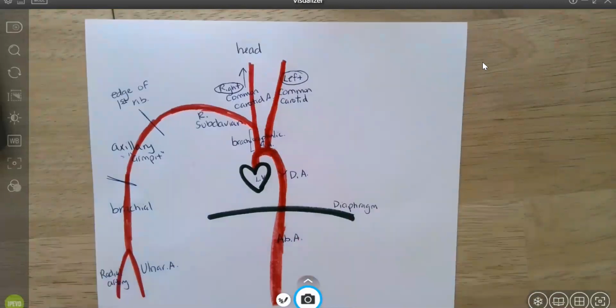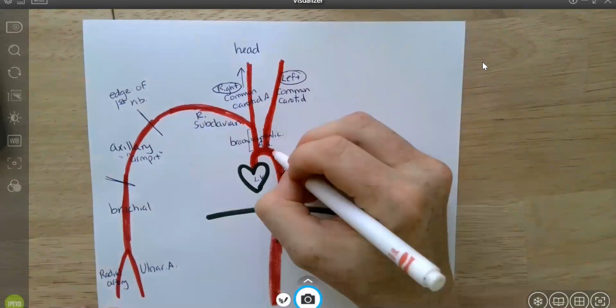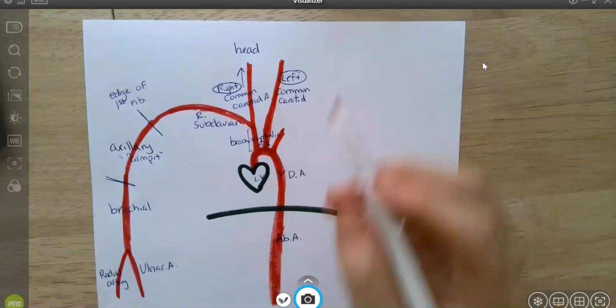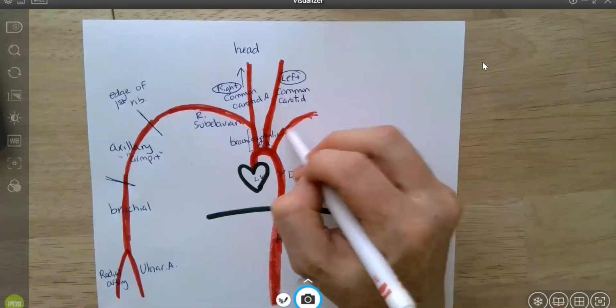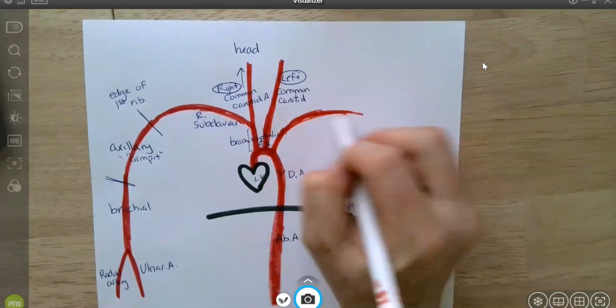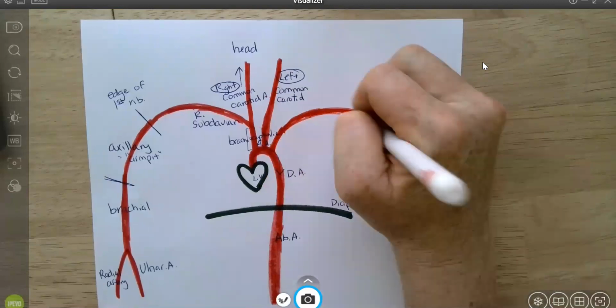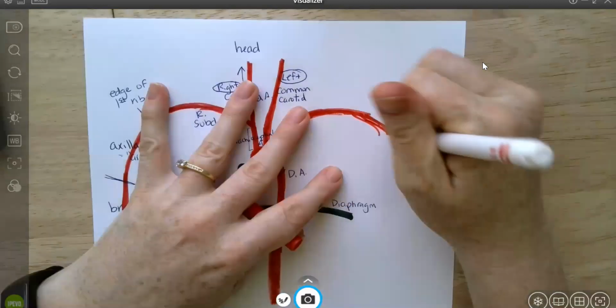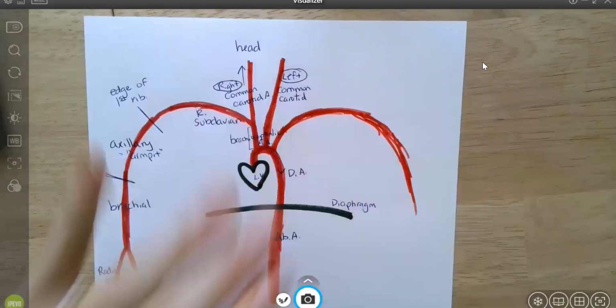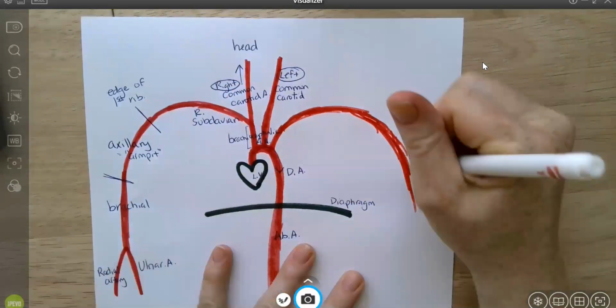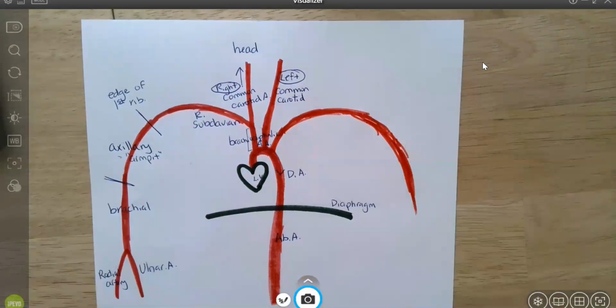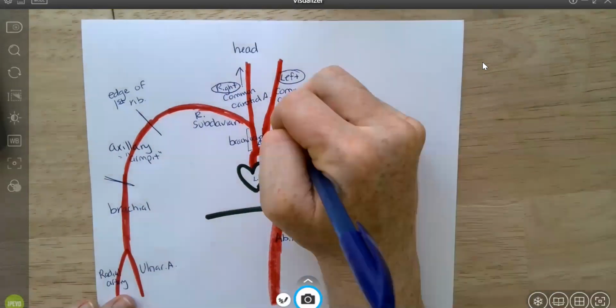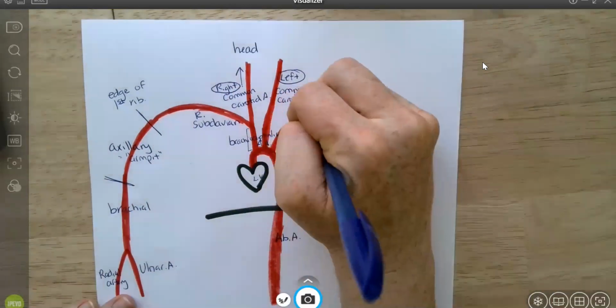Okay, the third branch off of the aortic arch, that one is going to be called the left subclavian. Okay, so this third piece here, this is going to be the left subclavian.